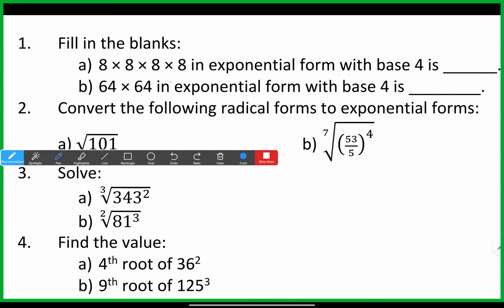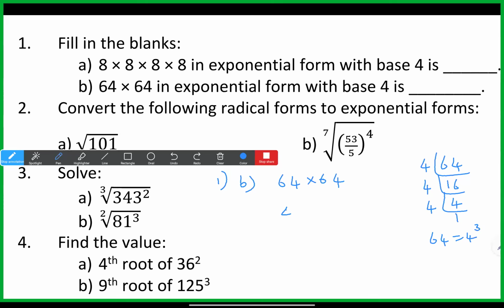Okay, sure. Then the first one of the b bit, 64 into 64 with base 4 again. So I'll directly check it with 4 only. If it is not with 2, we will do prime factorization, but they said base 4, so I'm doing it with 4. 64 is nothing but 4 cube, which is 4 power 3.